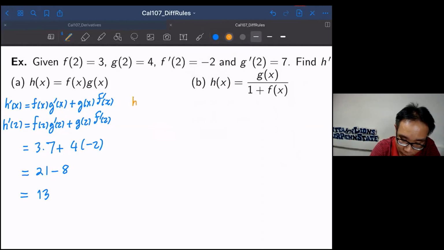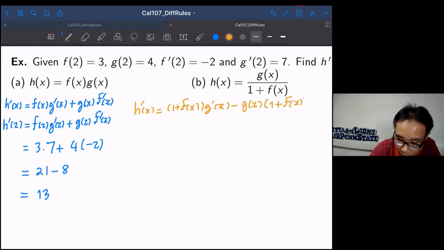So h prime x is going to be the bottom times the derivative of the top, minus the top times the derivative of the bottom, over the bottom squared.